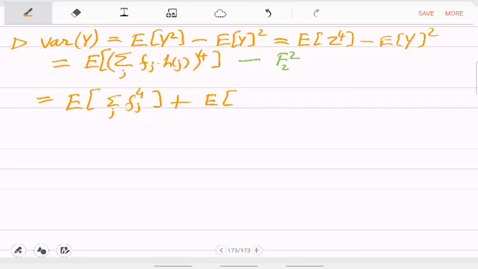So let's say f1 square times f2 square, those kind of things. So that is fi square fj square. Okay, and because of this binomial expansion, you will have a 3 sitting outside, minus f2 square part.